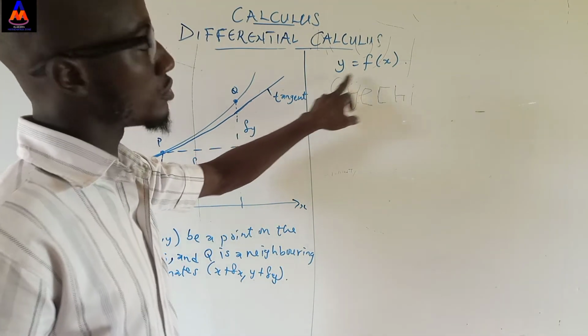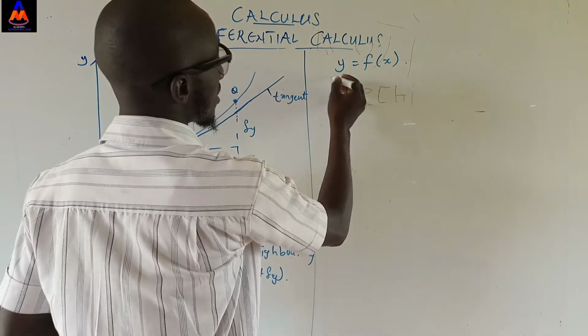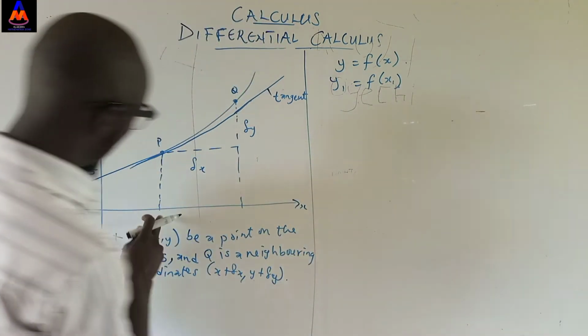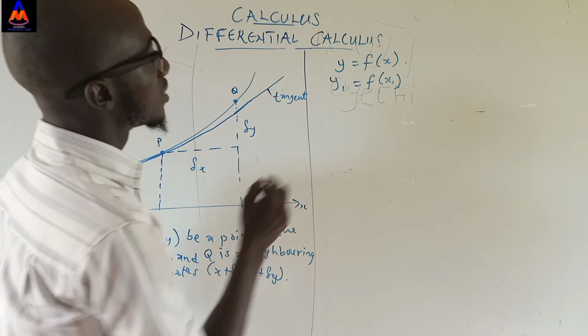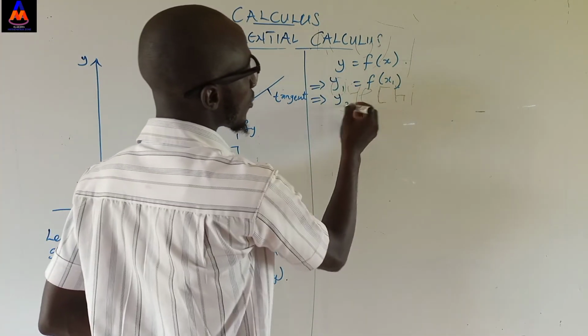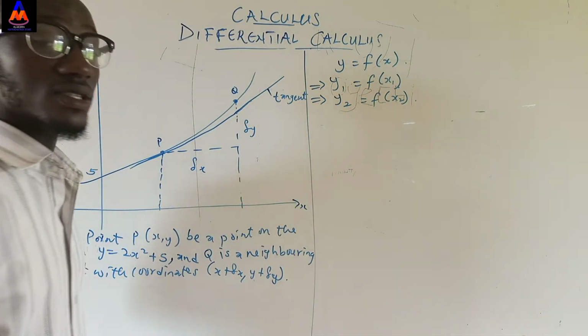Y is a dependent variable, x is an independent variable. It also implies that my y1 is a function of x1. x1 here produces y1 here, right? Then my y2, by implication, is a function of my x2, right?